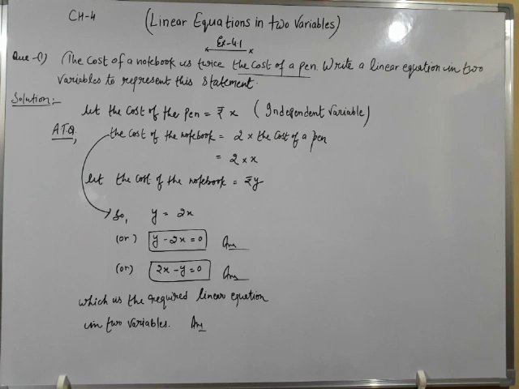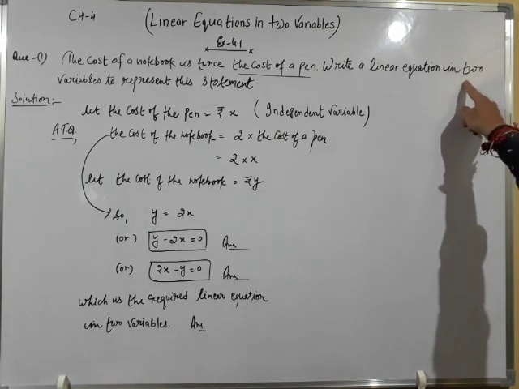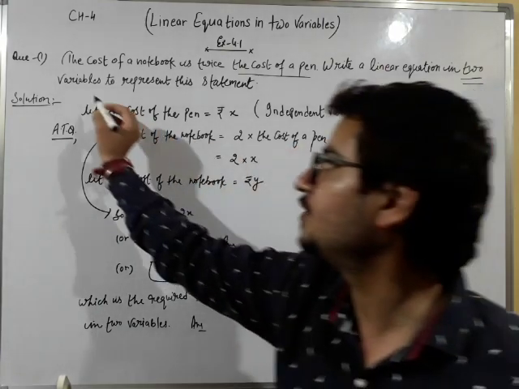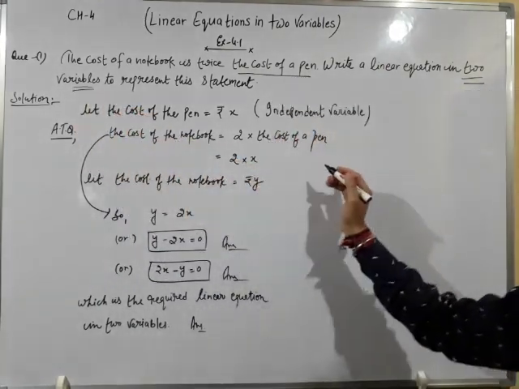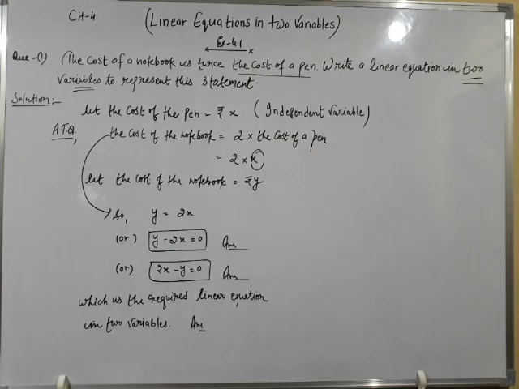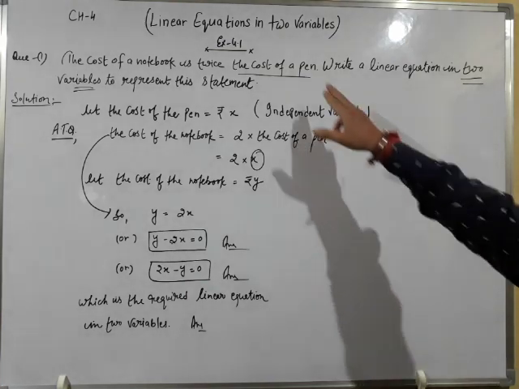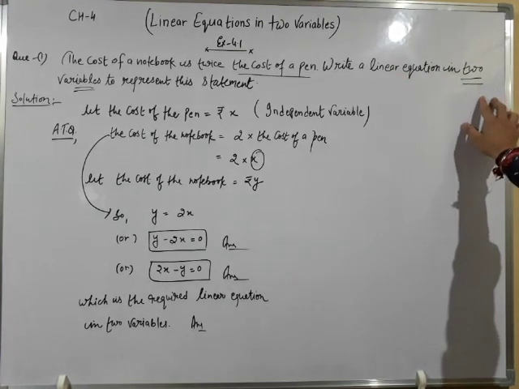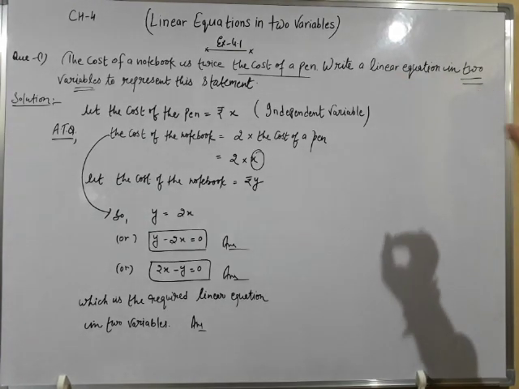Because we have to write a linear equation in two variables, and so far we have only one variable, that is x, how will we find our second variable so that we can write this relation in the form of a linear equation in two variables?